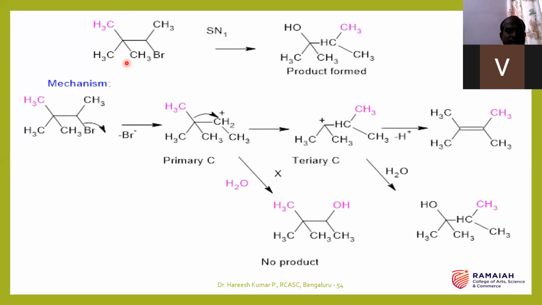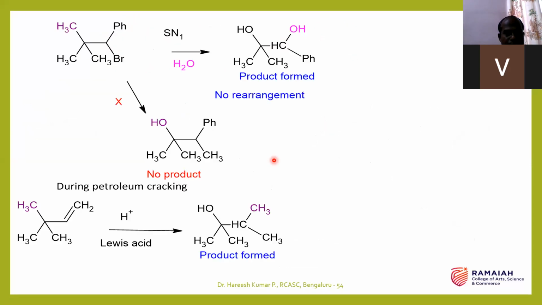When this compound undergoes a nucleophilic substitution reaction, this bromide will go out. When this bromide is going out, there will be a positive charge formation, and this methyl group migrates over, forming a carbocation that is attacked by alcohol or water, giving rise to an alcohol like this. This is the mechanism.